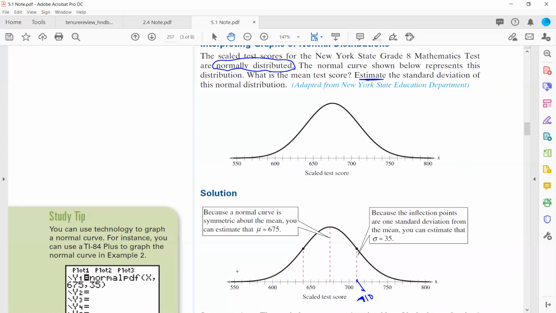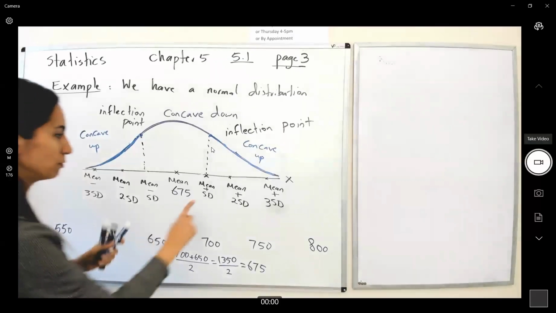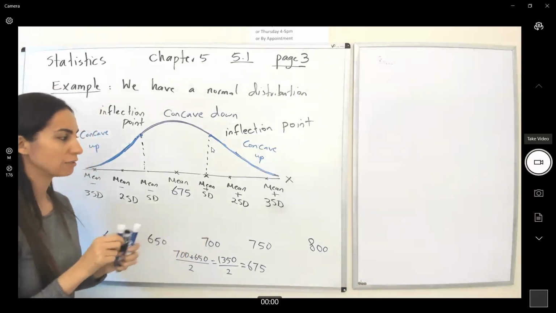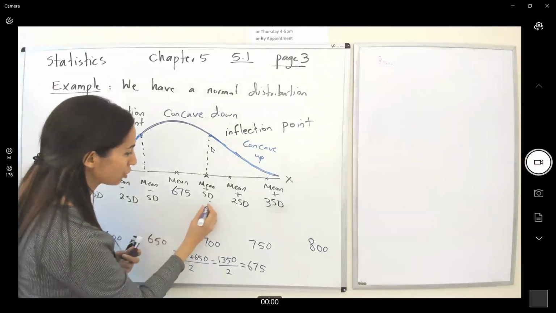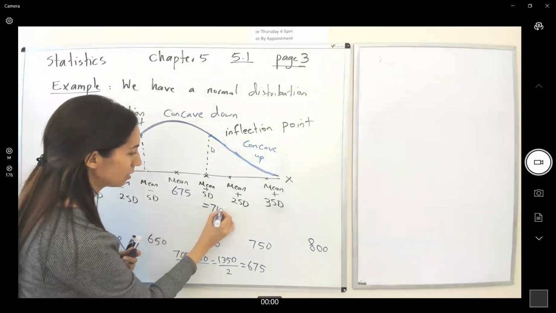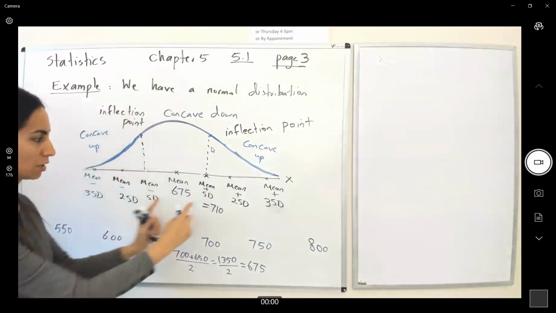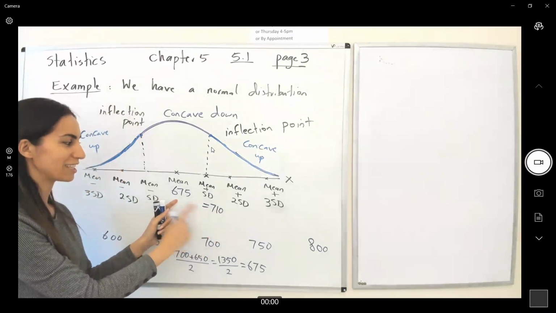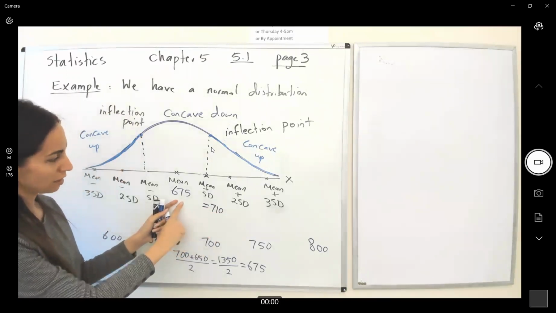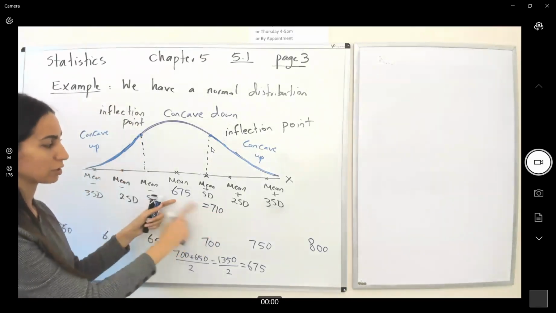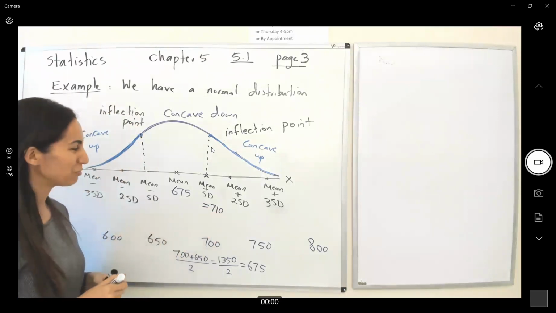It's mean plus 1 standard deviation. So mean plus 1 standard deviation on our graph matches to 710. So what's the difference between 710 and 675? Because we are actually doing the subtraction between these two.